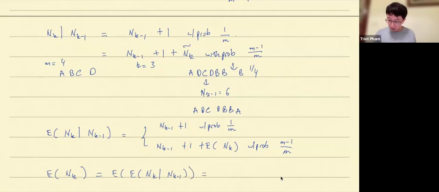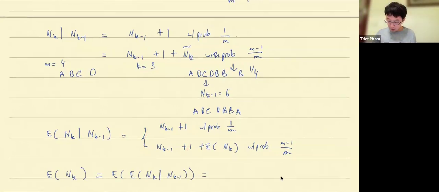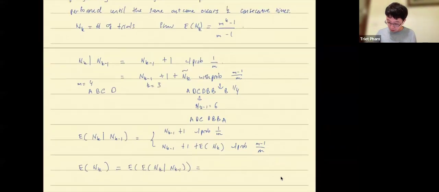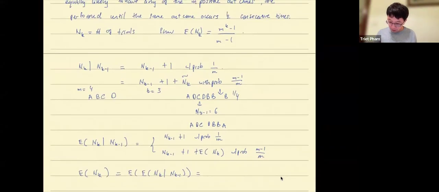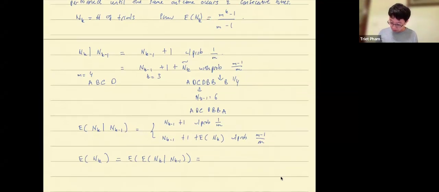And here is where you use the induction hypothesis, where the number of times it takes to get k minus 1 consecutive times of some type will be this value with k minus 1. So it will be (M^(k-1) minus 1)/(M minus 1) plus 1, right?